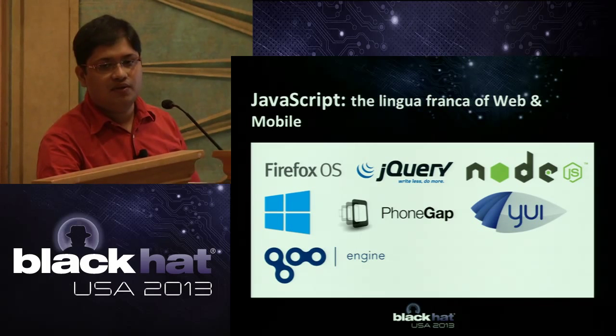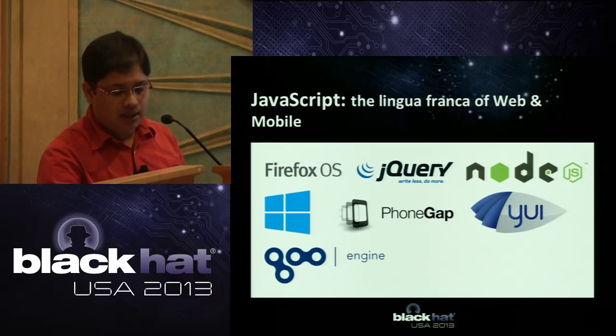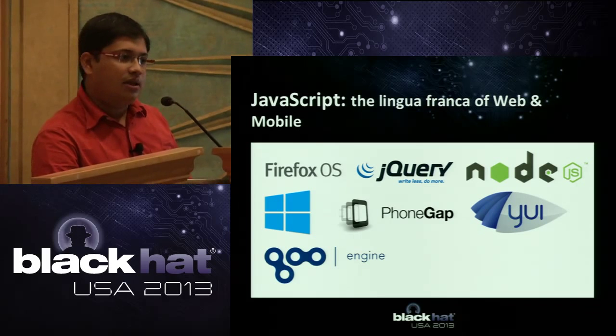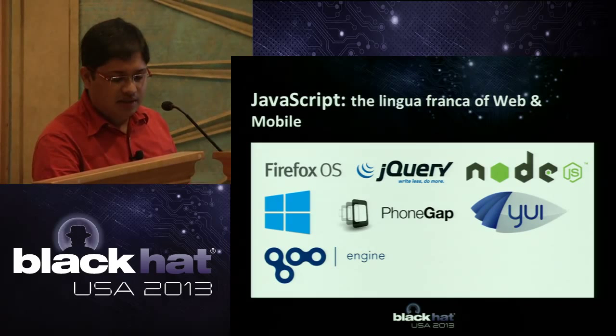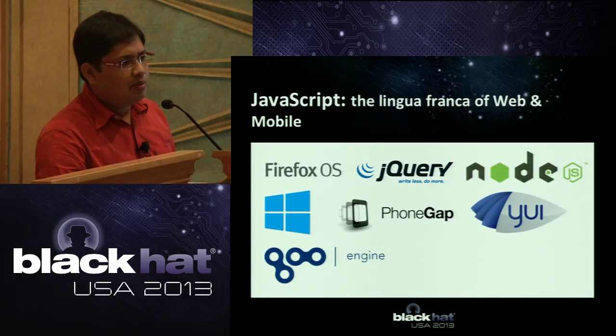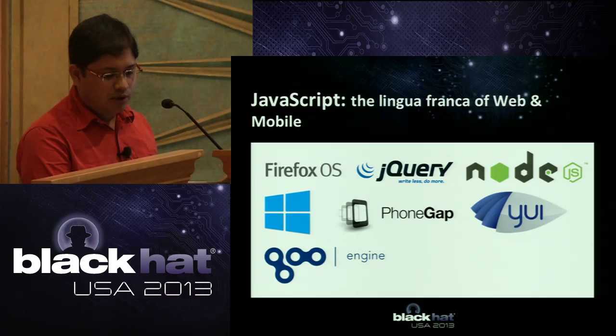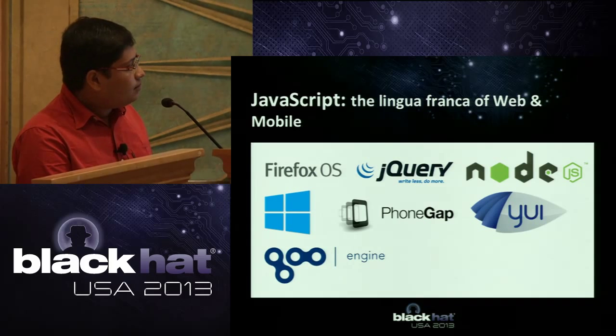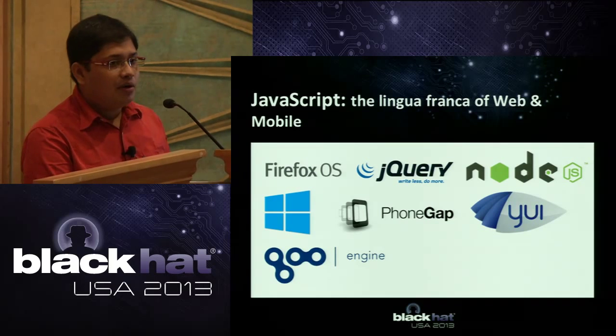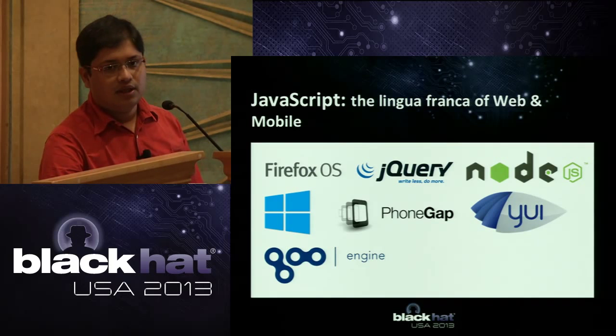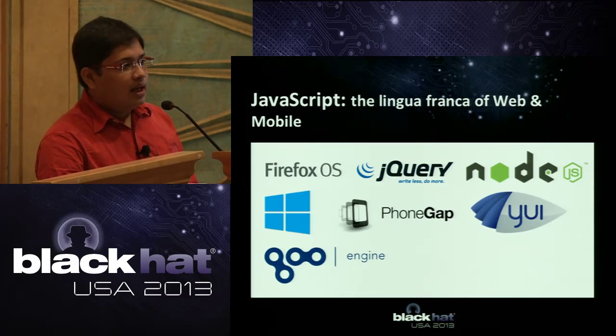You see there are new technologies coming up: Firefox OS, you name it, on mobile devices, on mainstream web applications, in hybrid mobile applications using frameworks like PhoneGap, and in Windows mobile phones, what they call WinJS.